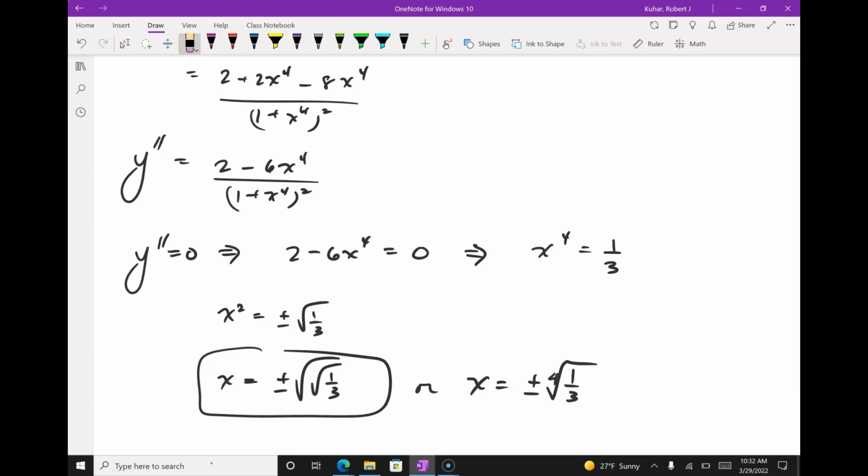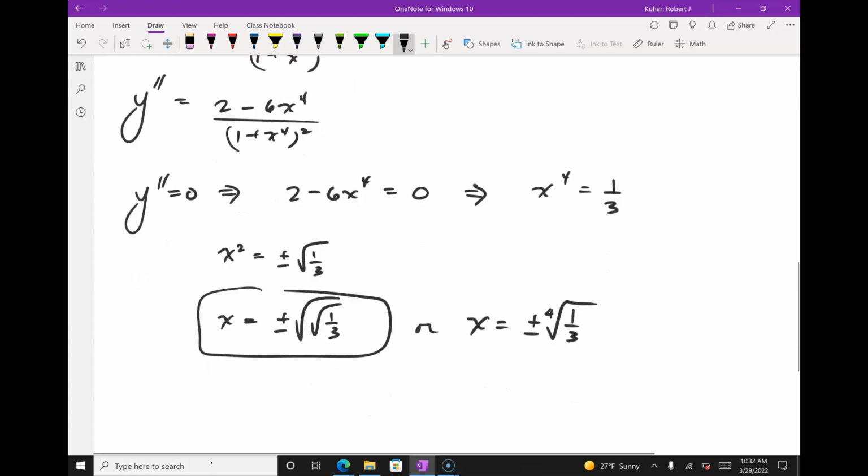Anybody else get inflection points or critical values of the fourth root of 1/3? Keep working until you get there.